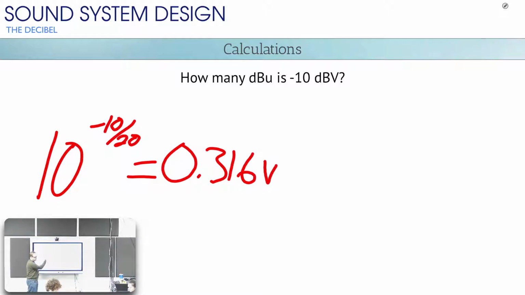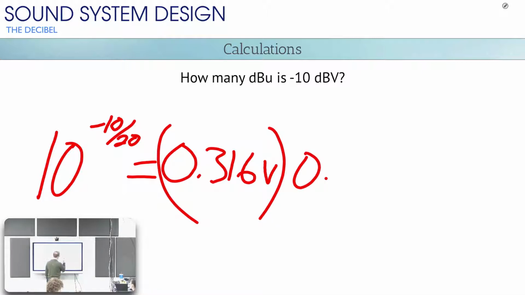Remember, this is the magic number: I multiply any voltage by this, and I will get something that is 10 dB quieter. So all I really have to do is multiply this, which is actual volts now, by the reference level for dBu, which is 0.775.